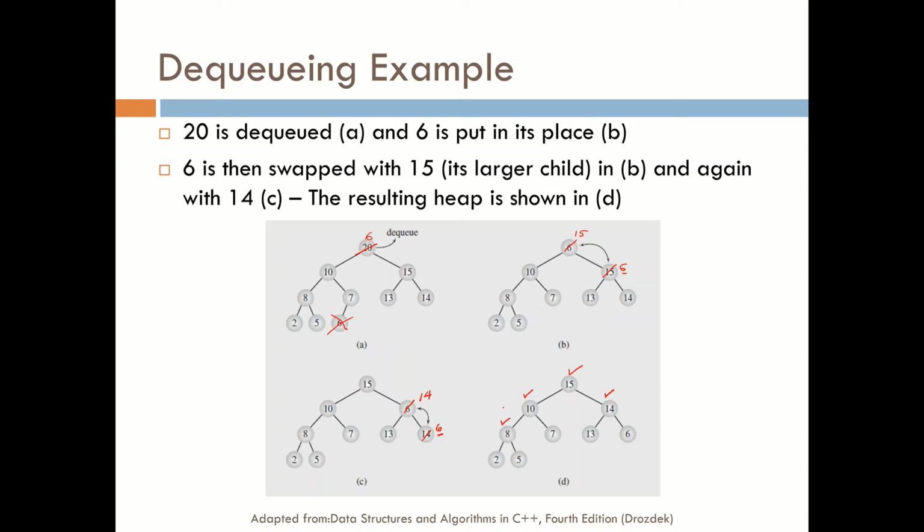None of the other nodes have children, and the heap order property has been restored. We're still a complete binary tree, and therefore we have restored both properties.